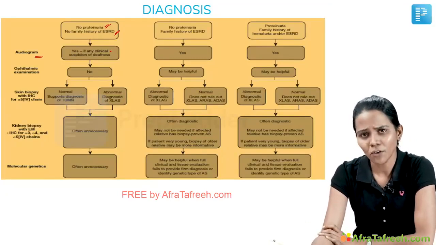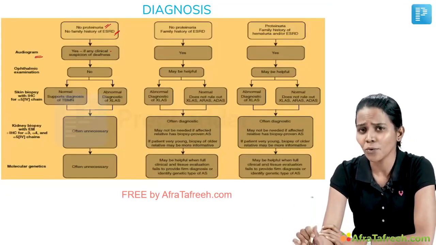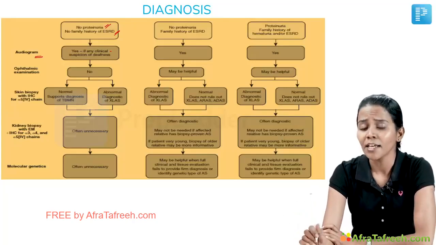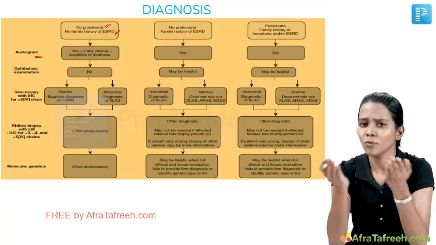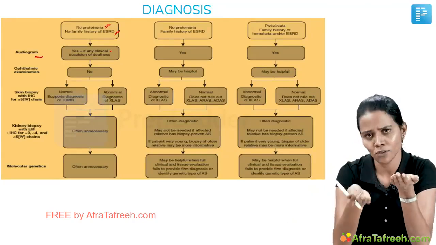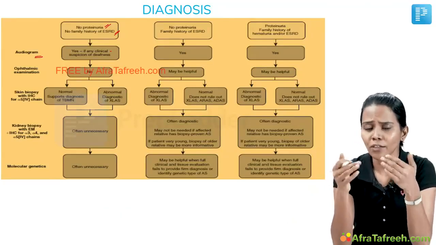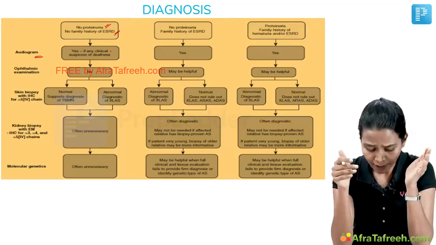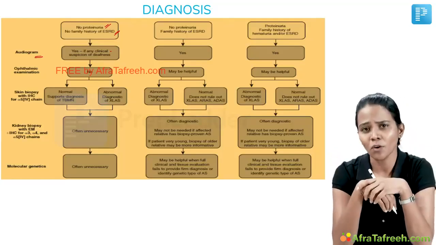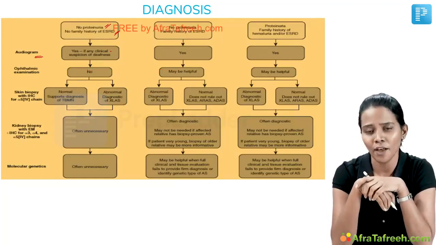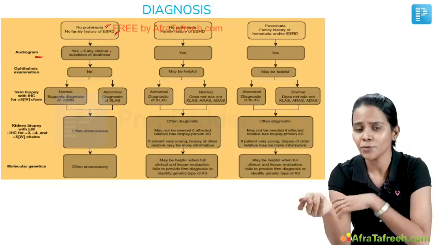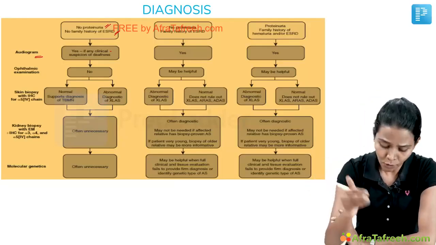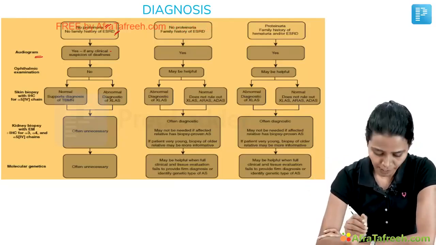Ophthalmic examination might not give much, because remember what I told, only in 30 to 40% of patients you are going to find an eye defect, but hearing defect and ESRD almost go hand in hand. If this is there, this is also going to be there. Mostly it is going to be the autosomal recessive form if there is no family history. In that situation, ocular defects are very rare, right? So there is no point in doing ophthalmic examination.